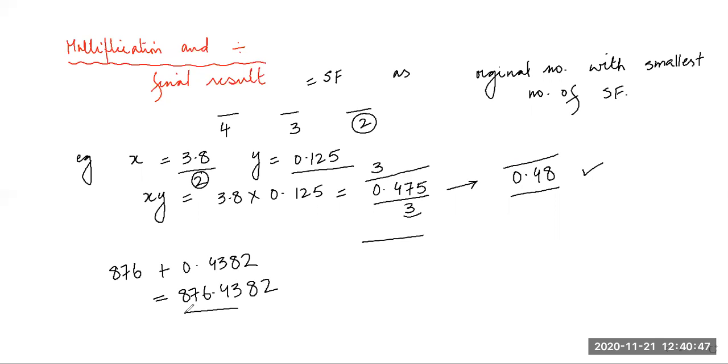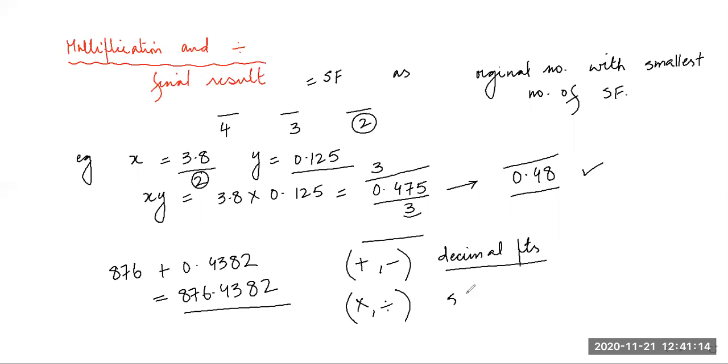But our rule says, you remember, in case of plus and minus, we concentrate on decimal points, right? So the final result will have as many decimal places as are there in the number with the least number of decimal places. In case of multiplication and division, we will concentrate not on decimal points but on significant figures.